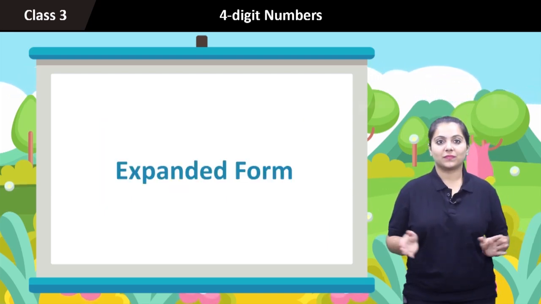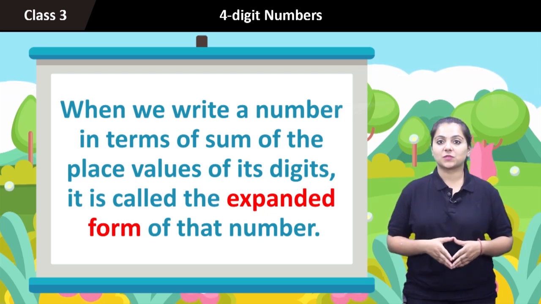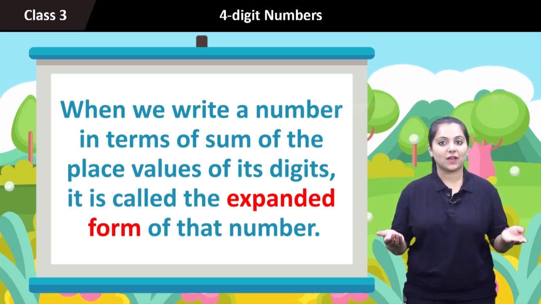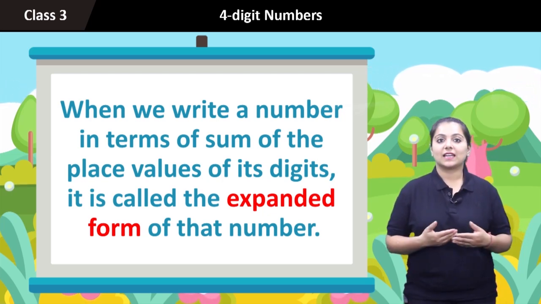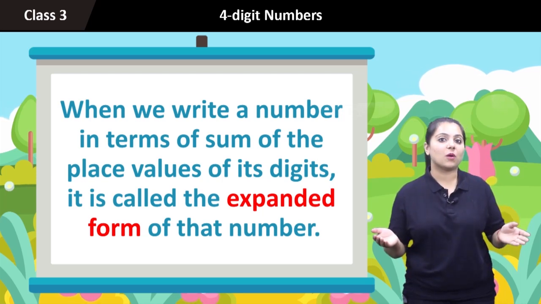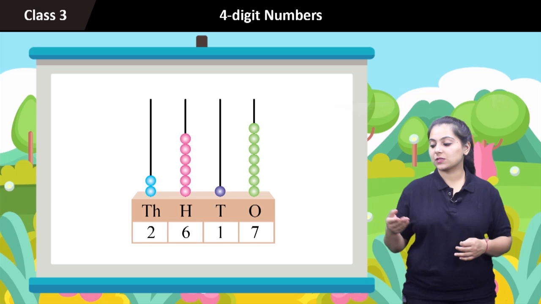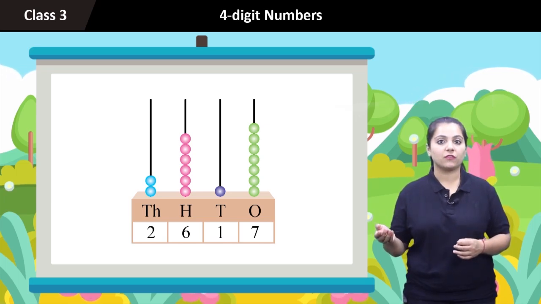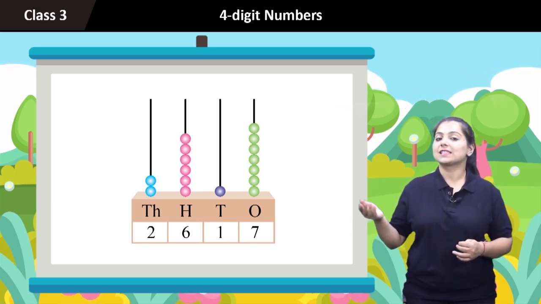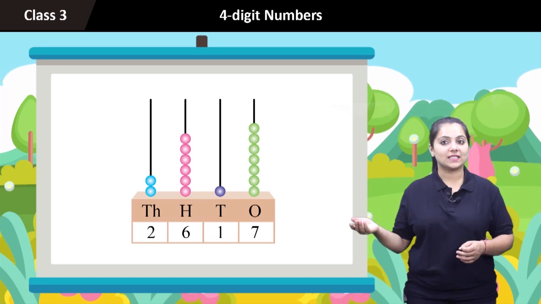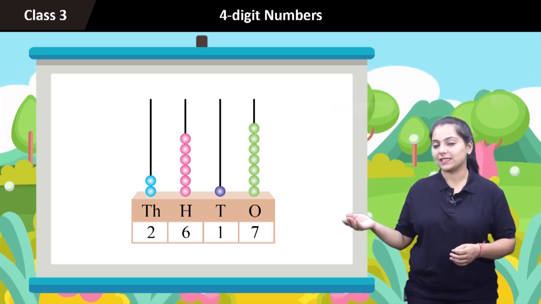Expanded form. When we write a number in terms of the sum of the place values of its digits, it is called the expanded form of that number. For example, 2617 is made up of 2000, 600, 10 and 7 ones.